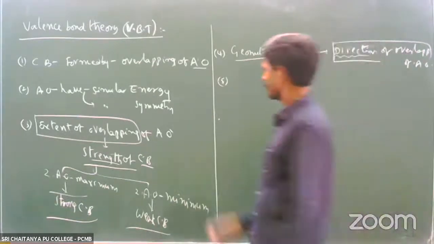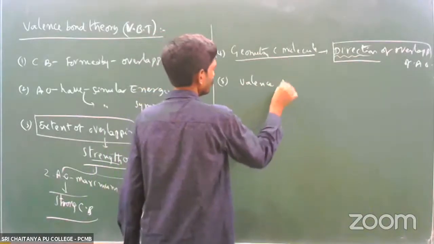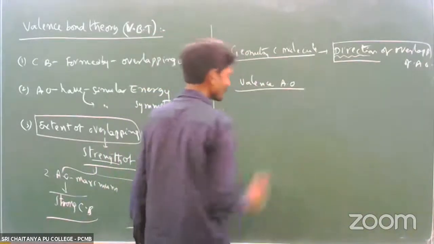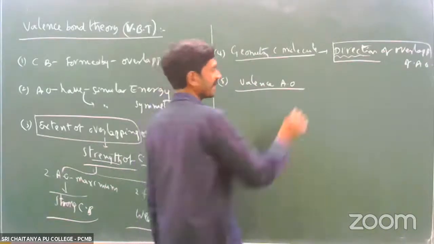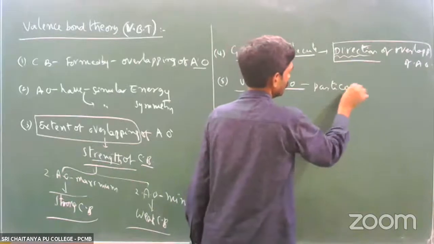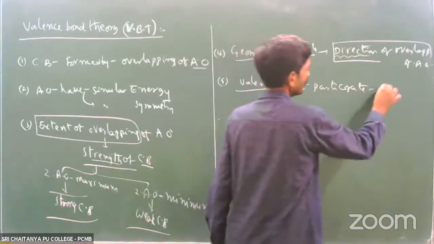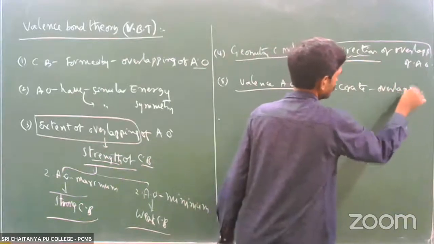Only valence cell atomic orbitals participate in overlapping.